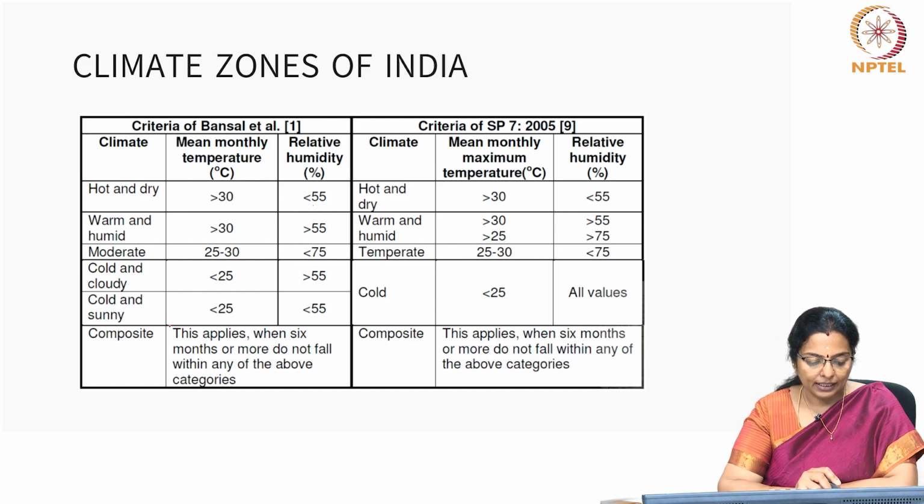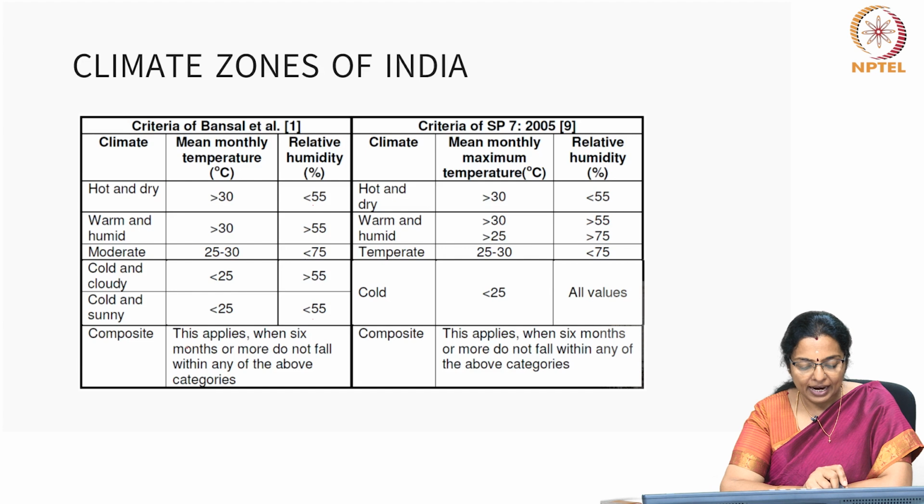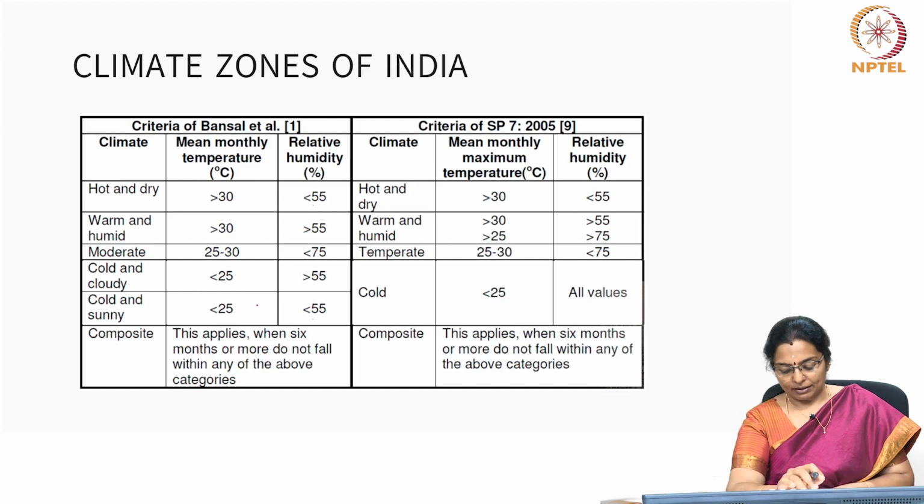For cold and sunny, the mean monthly temperature should be less than 25 degrees centigrade and the relative humidity should be less than 55%. Whereas SP7 gives only one, which is cold, where the mean monthly maximum temperature is less than 25 degrees centigrade for any value of humidity. There is composite climate and this applies when 6 months or more do not fall within any of the above categories, and it's the same with SP7.